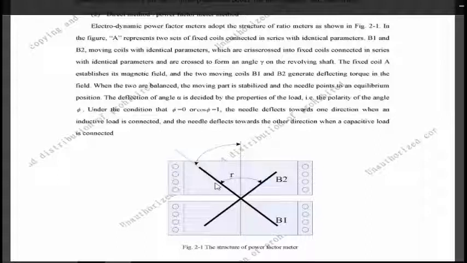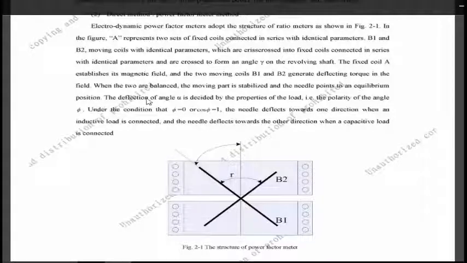So the fixed coil A establishes its magnetic field, and the two moving coils B1 and B2 generate deflection torque in the field. When the two are balanced, the moving part is stable and the needle points to an equilibrium position.